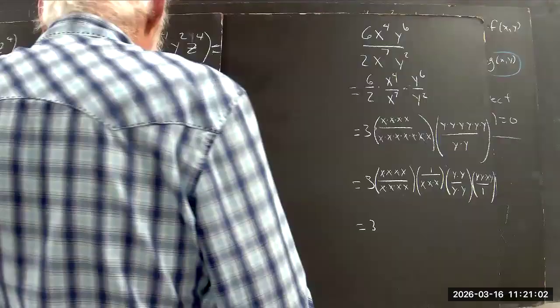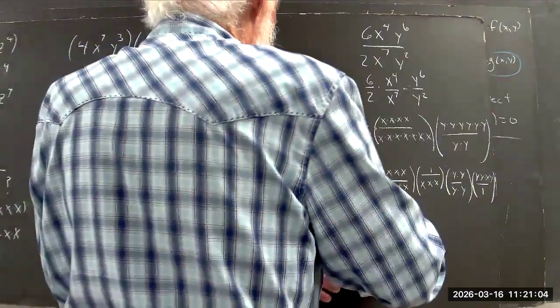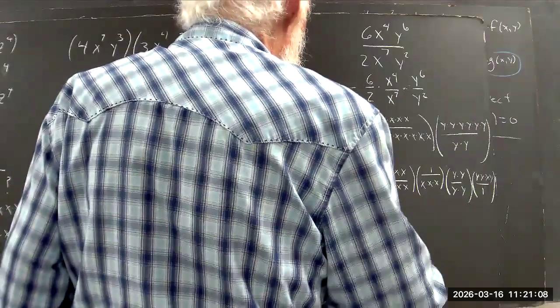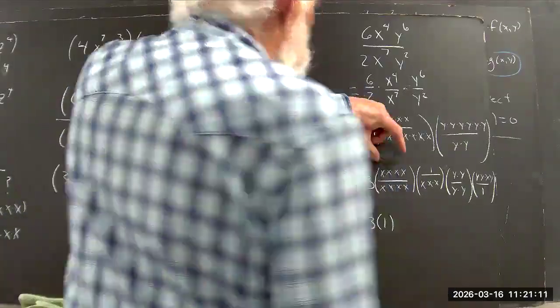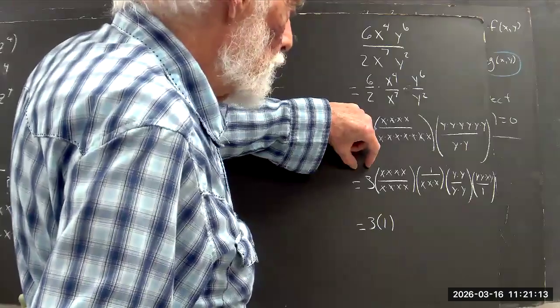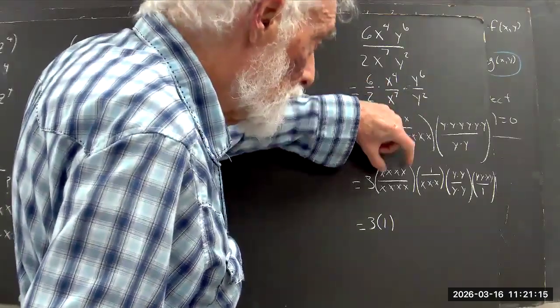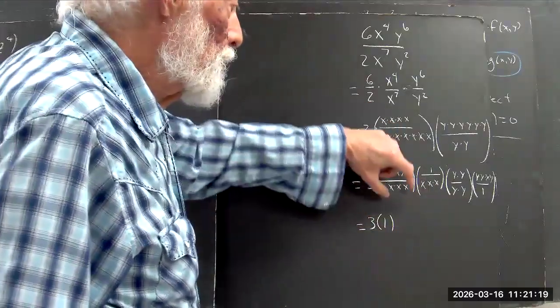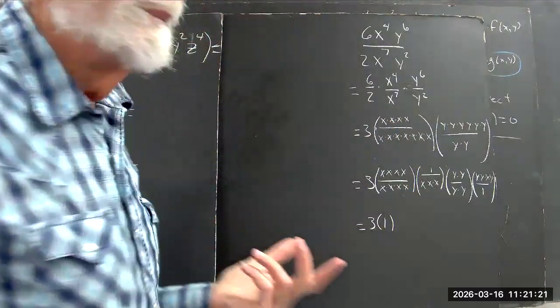Now, why did I do that? It's because I've got 3 multiplied by x times x times x times x over x times x times x times x. Numerator is the same as the denominator, that's 1.